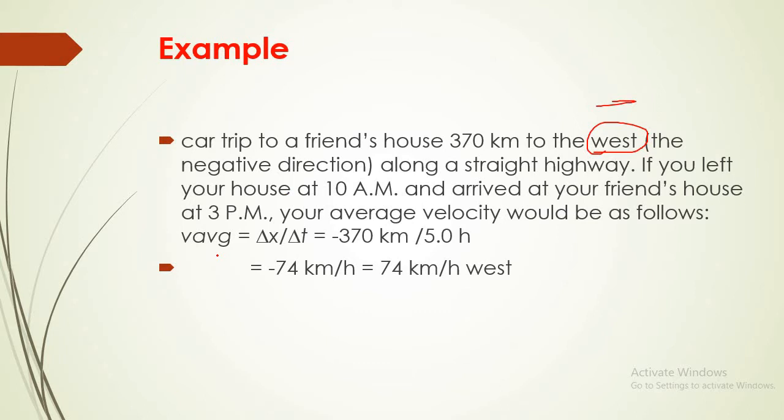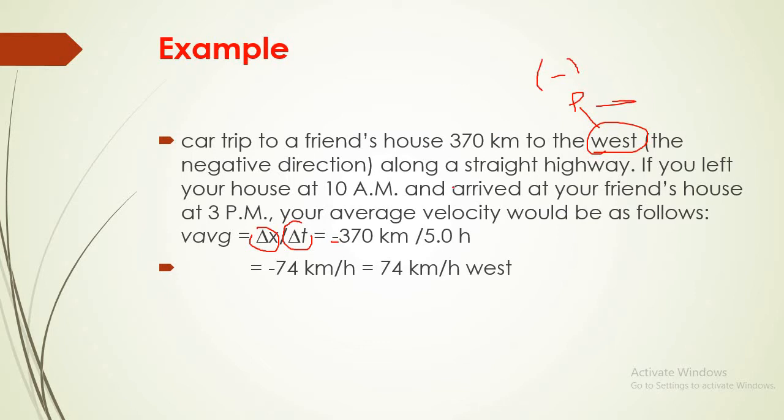If you want to measure average velocity, it is displacement divided by time. The displacement is negative 370. Why negative? Because the direction is west, which means negative.